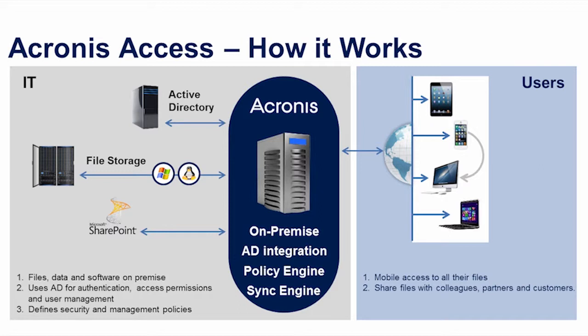At some point in upcoming videos, we're going to be showing you some diagrams to show you a typical topology, what a deployment scenario is for Acronis Access, but something that is very, very important to establish from the beginning is that one of the primary elements about Acronis Access is that it's something you deploy on premises, in your server room or data center.